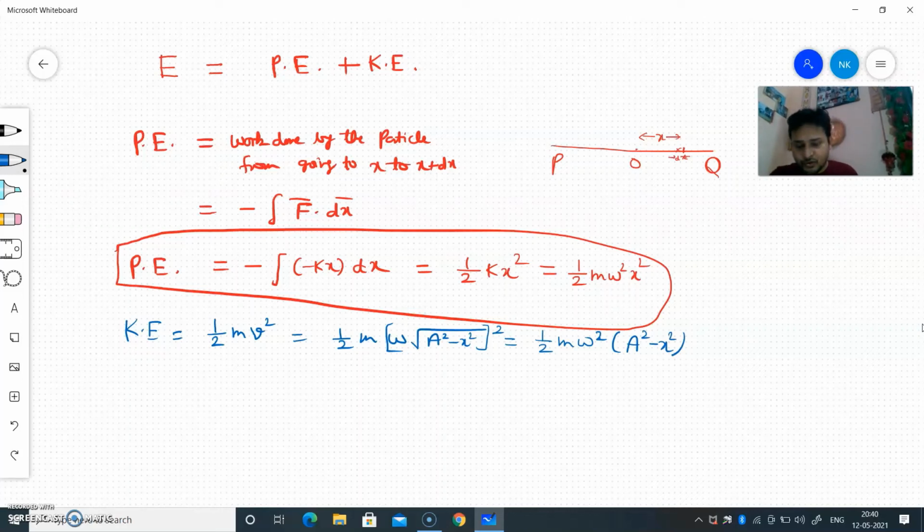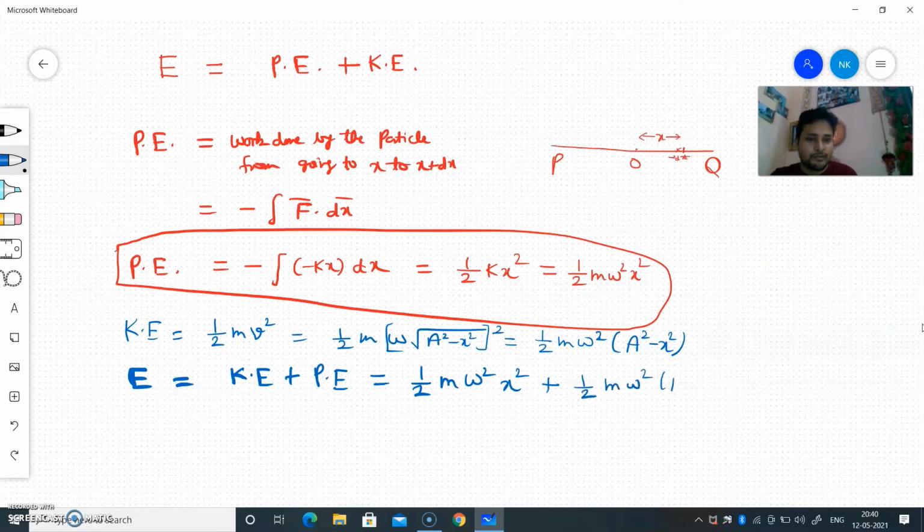Now the total energy is the sum of kinetic energy and potential energy. This is half m omega square x square plus half m omega square times A square minus x square.